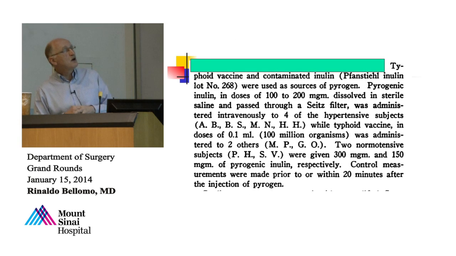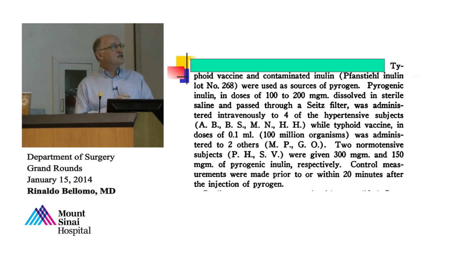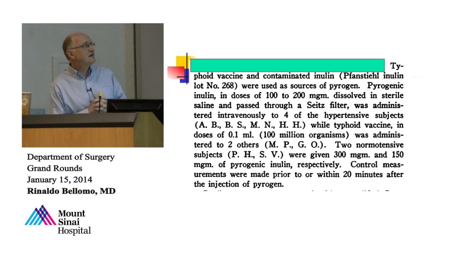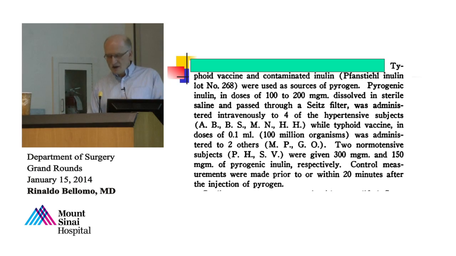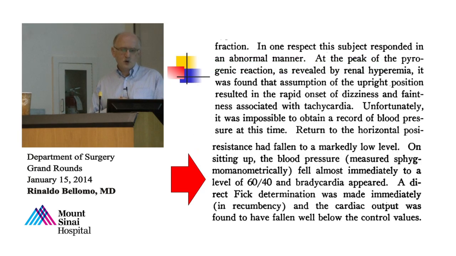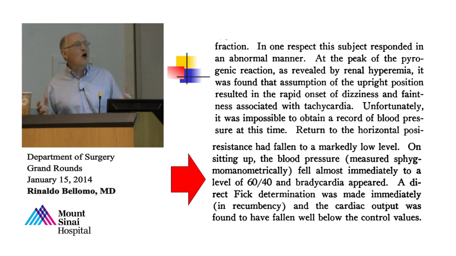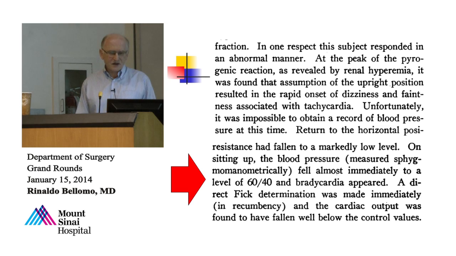And this is kind of cut and paste from what he did, the administration of pyrogens to human beings and typhoid vaccine to human beings. And it's quite extraordinary to read what went on in 1945 in the hospital with patients dropping their blood pressure to 60/40 and bradycardia developing while they were mucking around and having a good time measuring a variety of hemodynamic and renally relevant things.